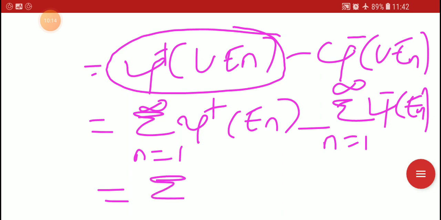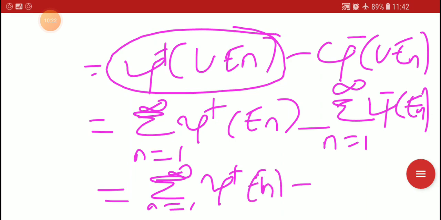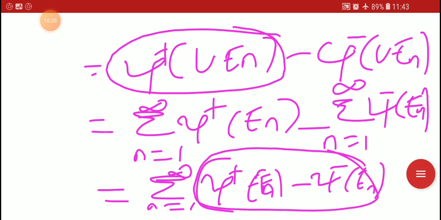Then this is again written as psi plus E_n minus psi minus E_n. Then what is psi plus E_n minus psi minus E_n? That is psi E_n. Hence the result. We needed to prove summation of psi E_n.